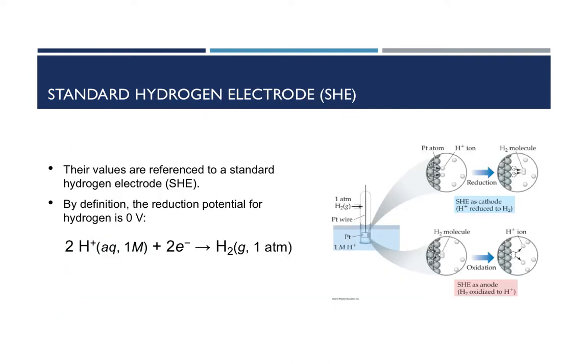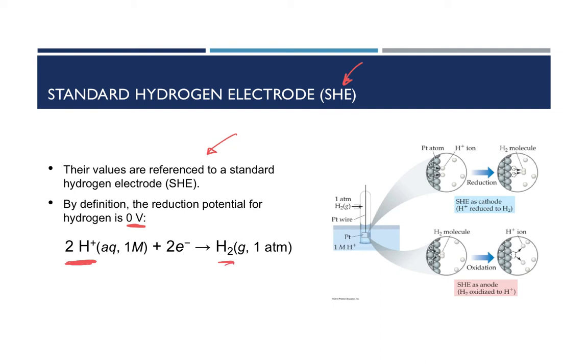Let's talk a little bit more about the standard hydrogen electrode, also called the SHE. The standard hydrogen electrode by definition has a reduction potential of 0 volts. It's sort of the reference, so any reduction potential is referenced to that standard hydrogen electrode. Basically it is the reduction potential of hydrogen ions turning into hydrogen gas.